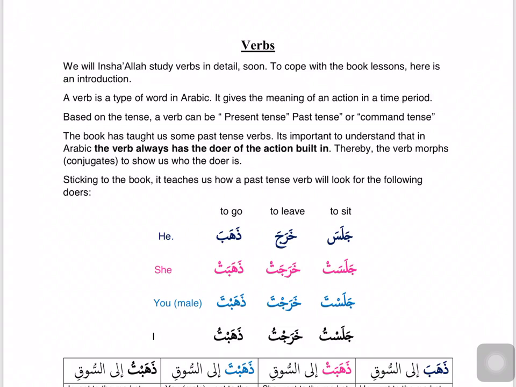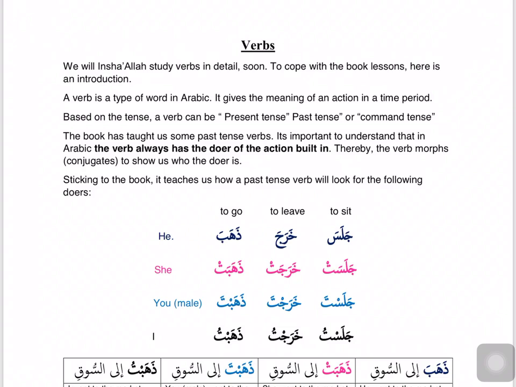So it's just a matter of getting the basics right, and inshallah we will walk through it together, and you will find it very enjoyable, inshallah. So for now, remember that a fi'l always gives you information of the pronoun who did that action. That's always inbuilt in the fi'l.